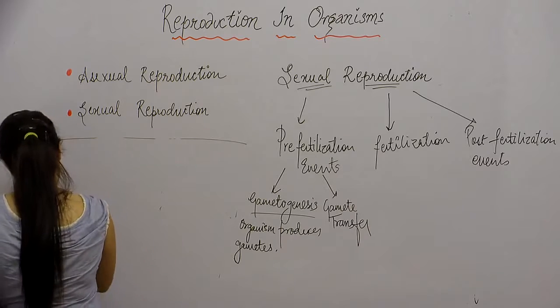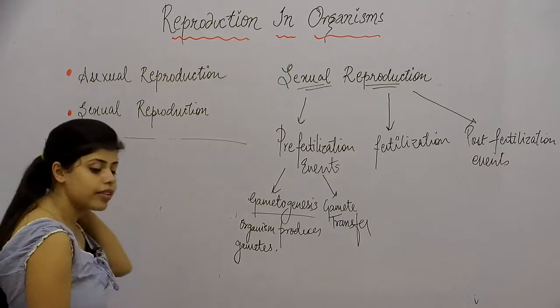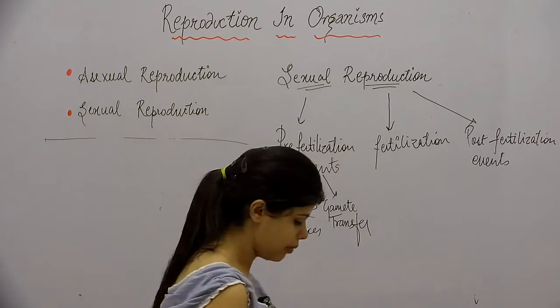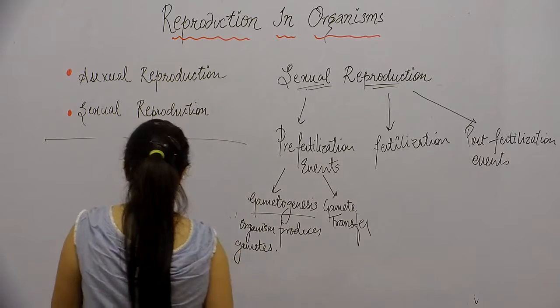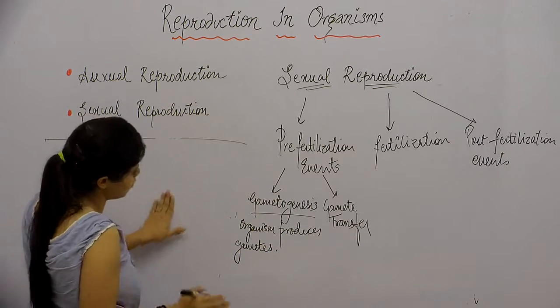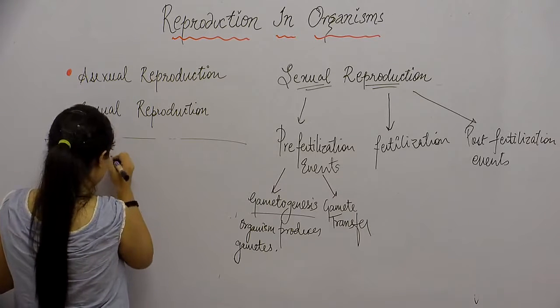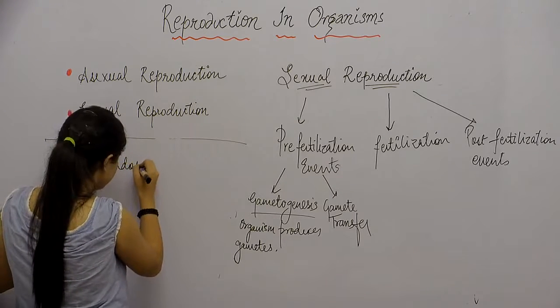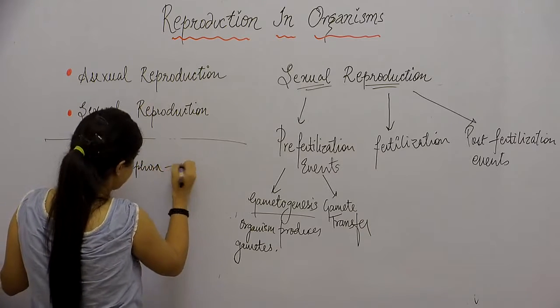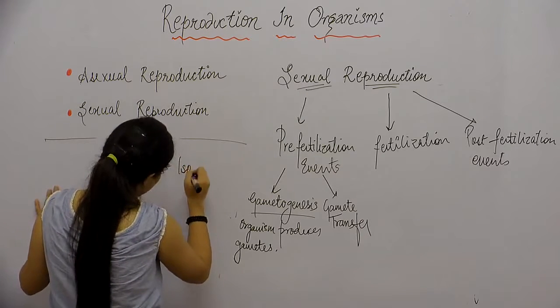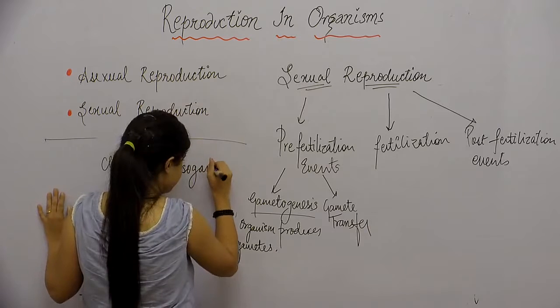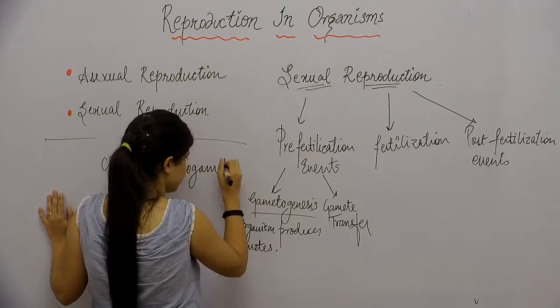Well, some organisms produce absolutely similar looking gametes, means you won't be able to differentiate between the female gamete and the male gamete. For example, we have the Cladophora, which produces similar gametes. So these gametes are known as isogametes, means similar looking.